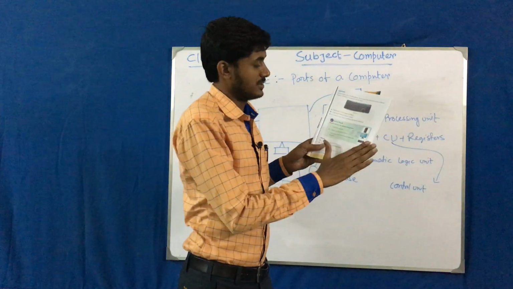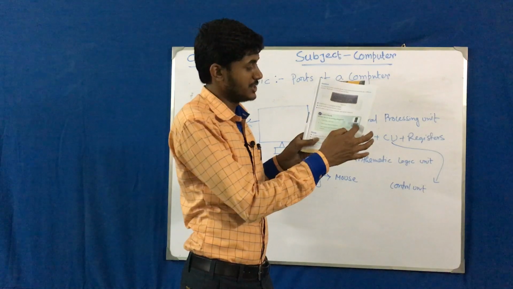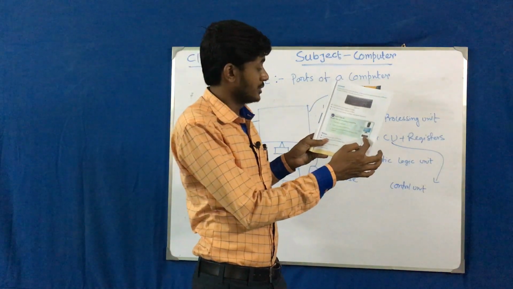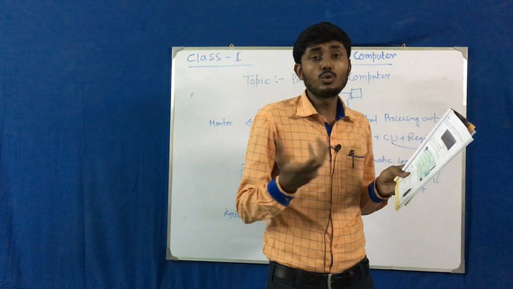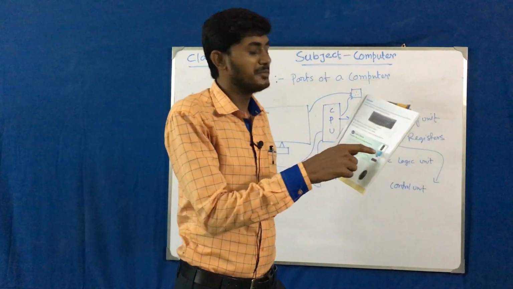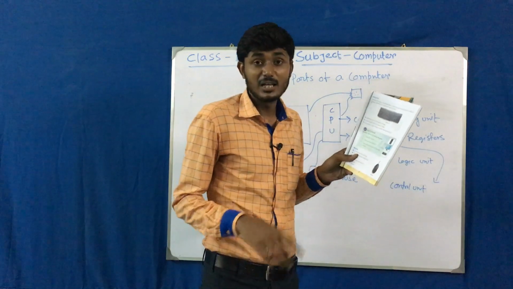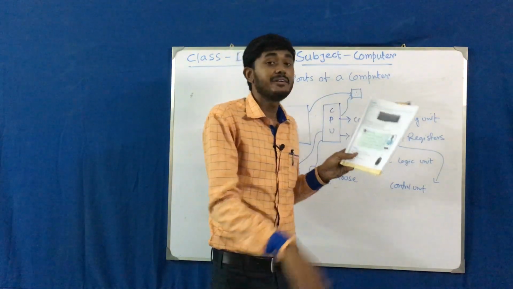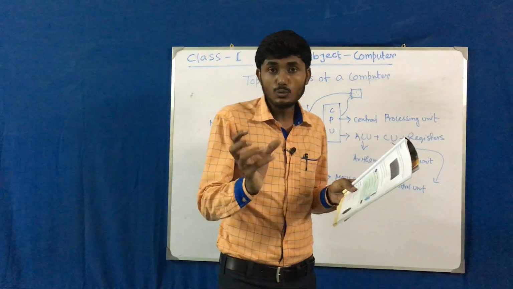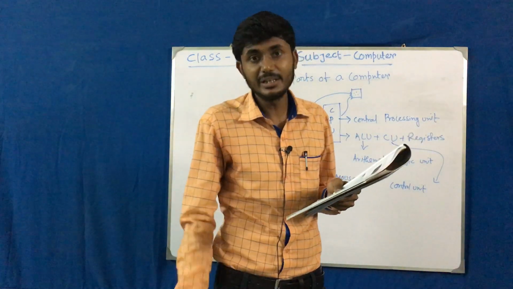In your book, page number 21, let's check, identify who am I by looking at the pictures. I think you know that this is the CPU, this is the monitor and this is the keyboard. I look like a television. Who looks like a television? The monitor. Second one, I have more than 100 keys.